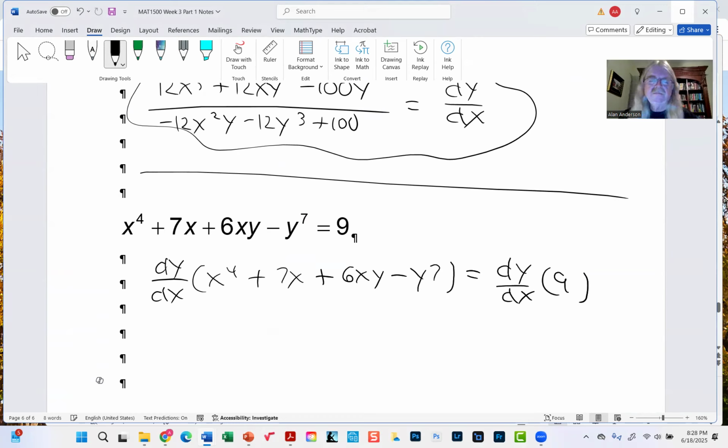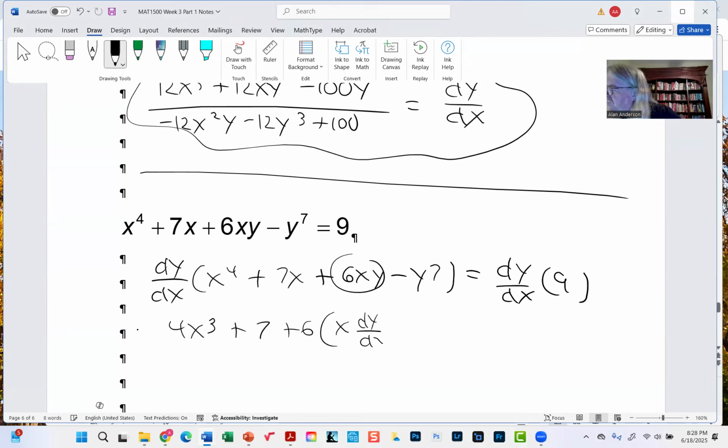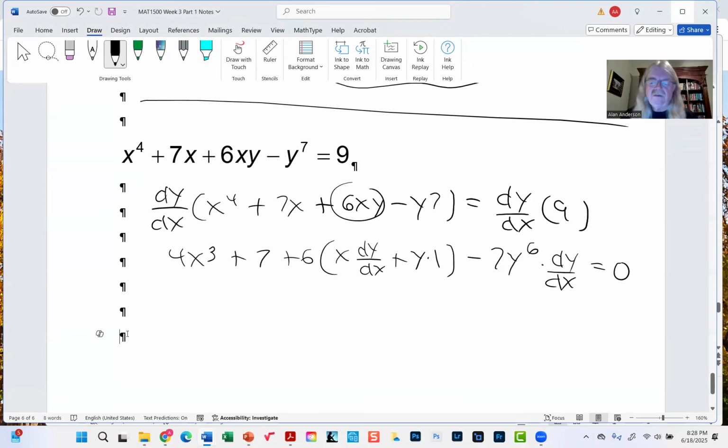Okay. So we're going to have 4x cubed plus 7. Now this one requires the product rule. And then this one is the chain rule. All right, so we'll multiply everything out.